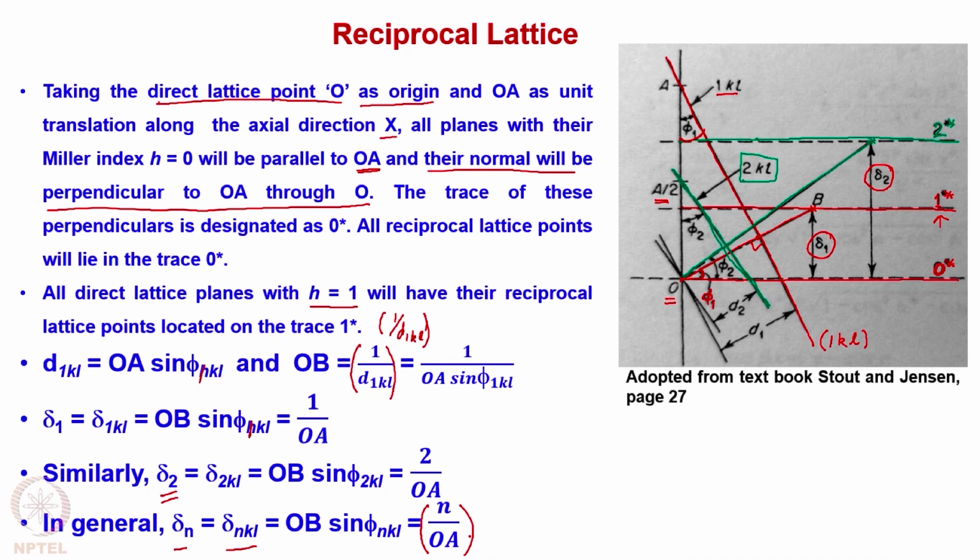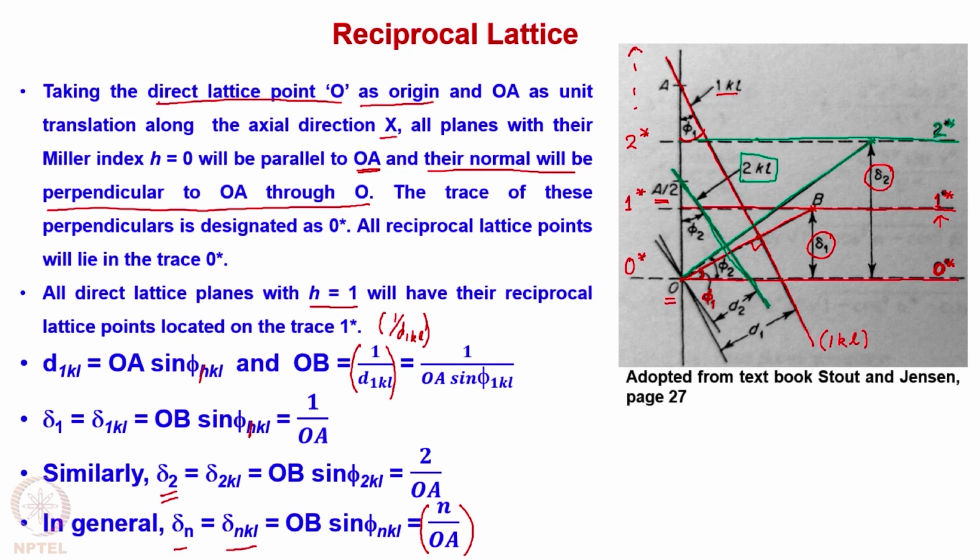In this case we are keeping H fixed, so 0KL means we can vary K and L, 1KL means we can vary K and L, 2KL means we can vary K and L. So two other indices can be varied. What it generates is sets of reciprocal lattice points falling on the lines drawn as 0 star, 1 star, 2 star and so on.